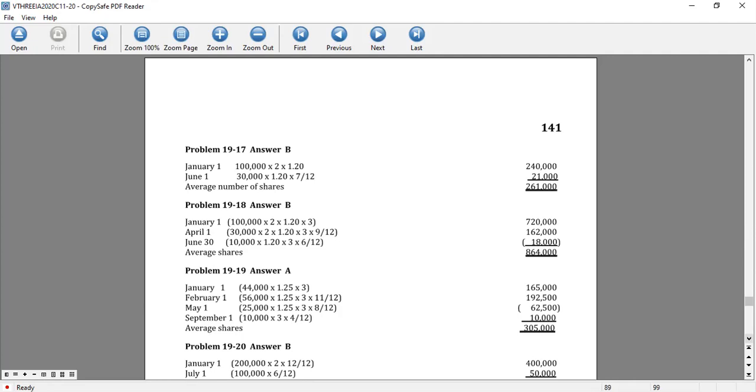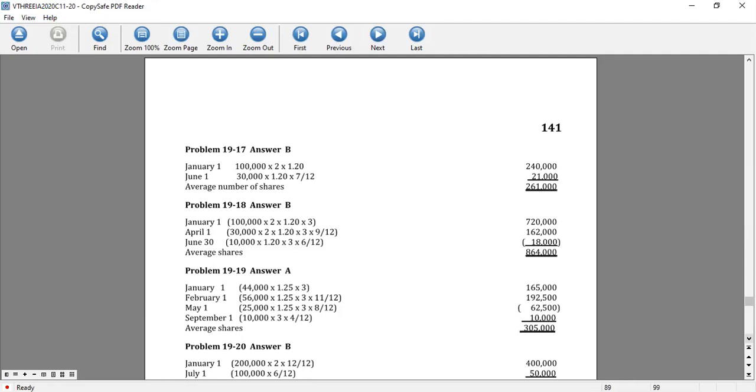So January 1, 100,000 shares. We multiply by 2 because of the split, and we multiply by 1.20 because on September 1, we have a 20% share dividend. So 240,000 shares.